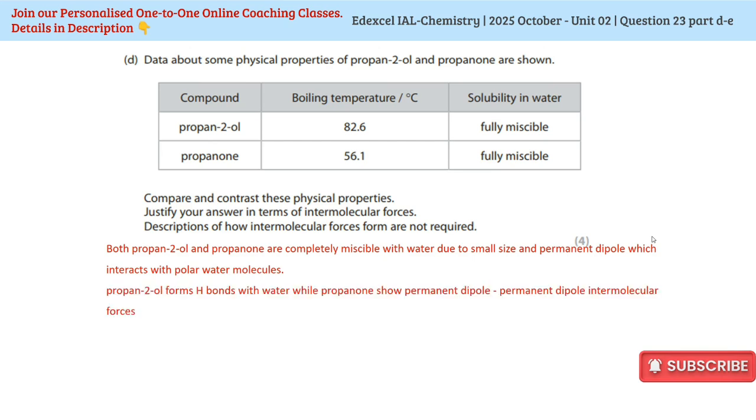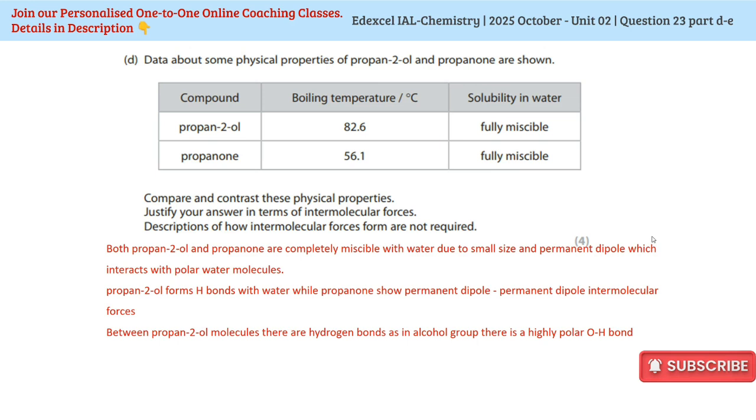The intermolecular attraction forces involved are hydrogen bonds between propan-2-ol and water, and permanent dipole interactions between propanone and water molecules. Van der Waals interactions are negligible when it comes to this kind of small sized molecule containing small alkyl groups.